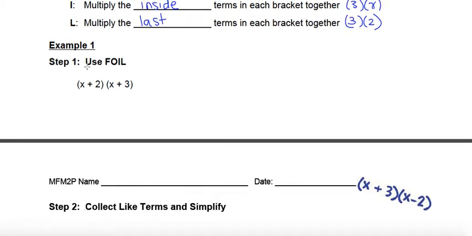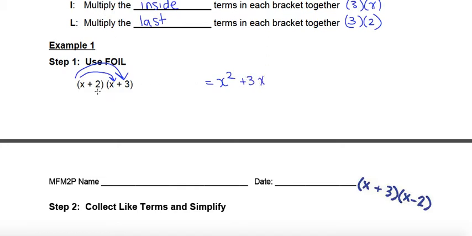What are the first two terms? Well, that's x times x. So x times x is x squared. I'm just going to write it over here. Then we do the outside terms. So x times 3 is the same as 3x.